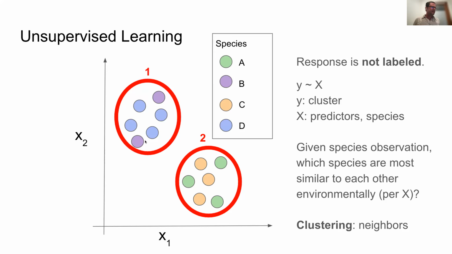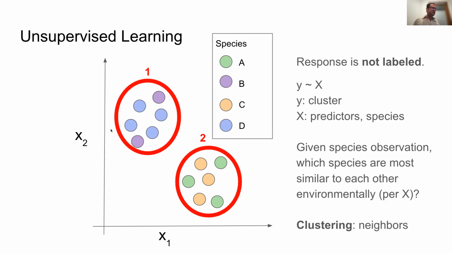And the idea is just figuring out, well, maybe there's some clusters, and this can get used for all kinds of reasons. It can get used to pre-process data, to look at similarity environmentally, to look at species composition, which you will do.